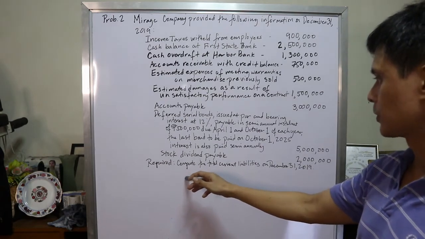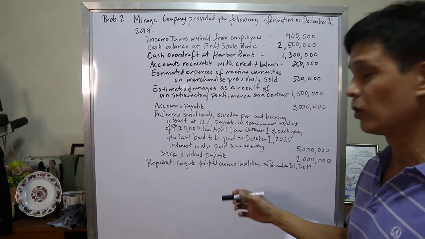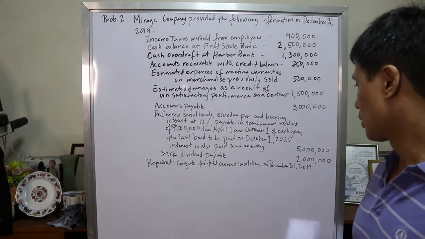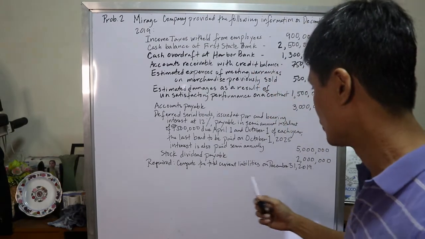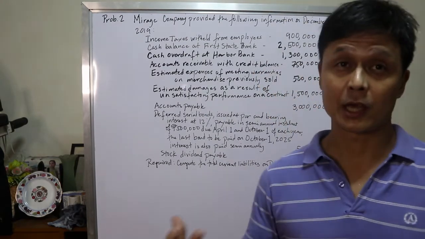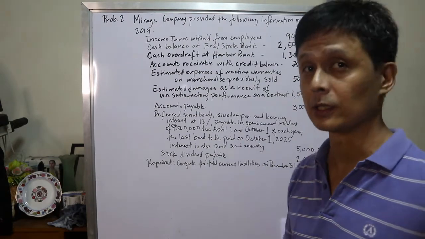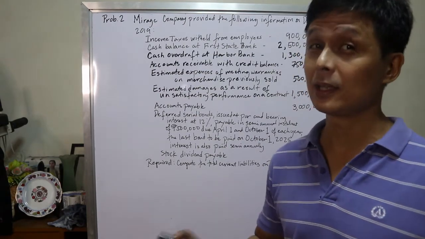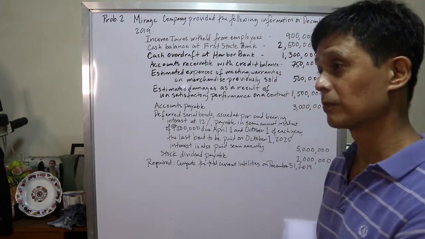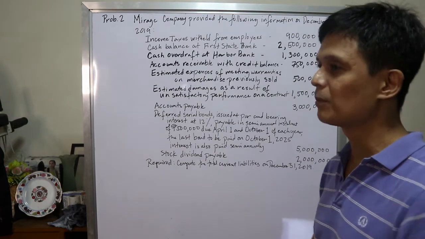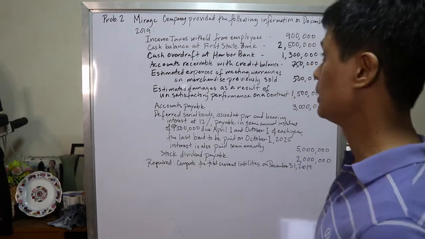The requirement here is to compute the total current liabilities on December 31, 2019. Like before, we will compute the total current liabilities, so we remove the non-current liabilities and the other accounts not classified as current liabilities.